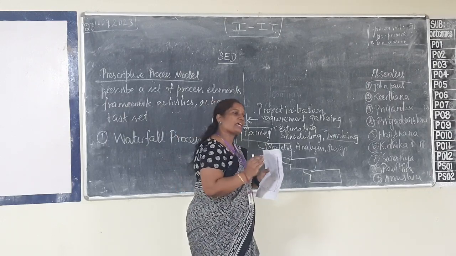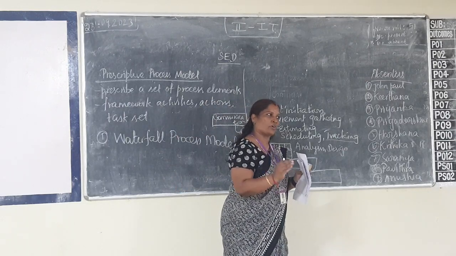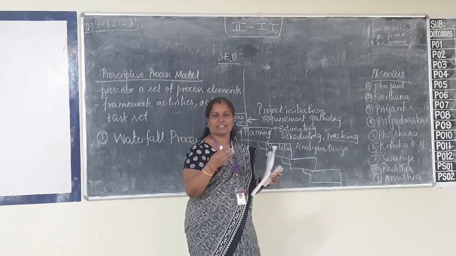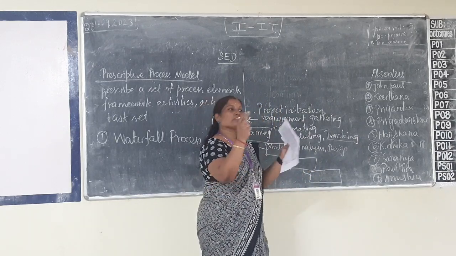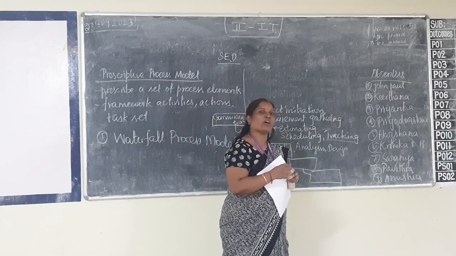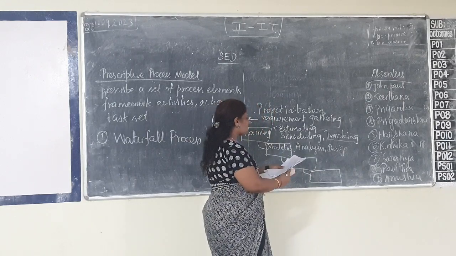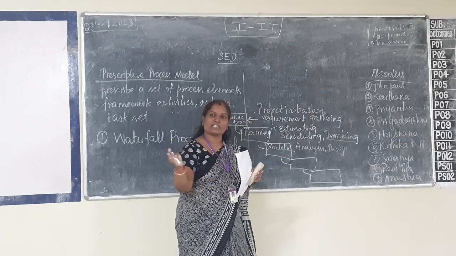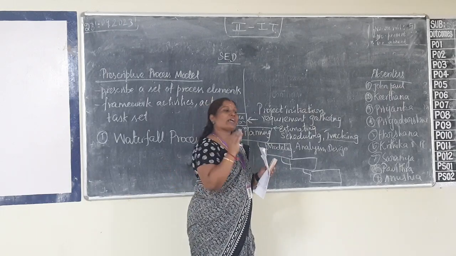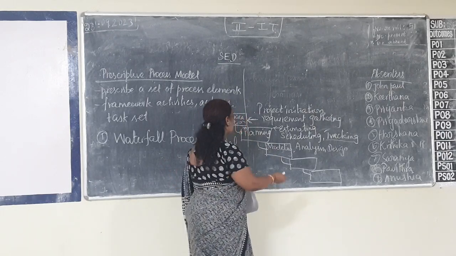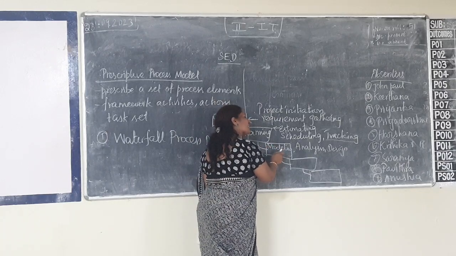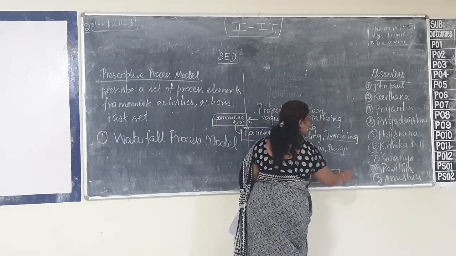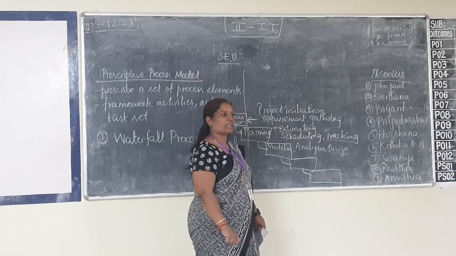So we need to analyze the project or the module, whatever it may be, assigned to that particular team, or the entire team will be analyzing how it can be divided. So that is being done over here. How we are going to divide the project. Analysis of the project will take place during this phase, and then we decide how we are going to design it.